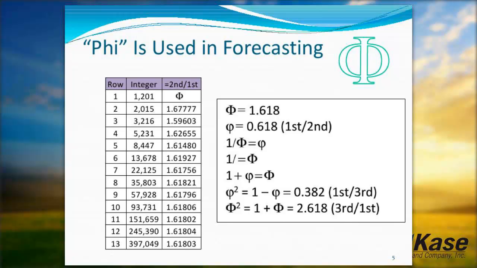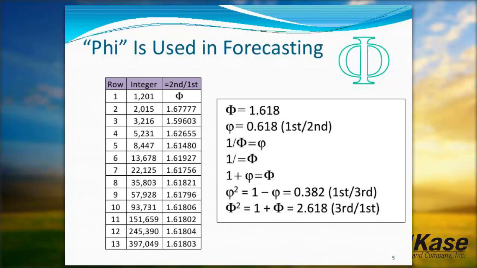Okay, so we continue to add the 2 sequential integers together, and we get a sequence of numbers that are increasing over time. Now, if we divide the second number by the first number, we end up getting something that is going to be very close, and ultimately will end up approaching 1.618, which is the golden ratio, or phi.